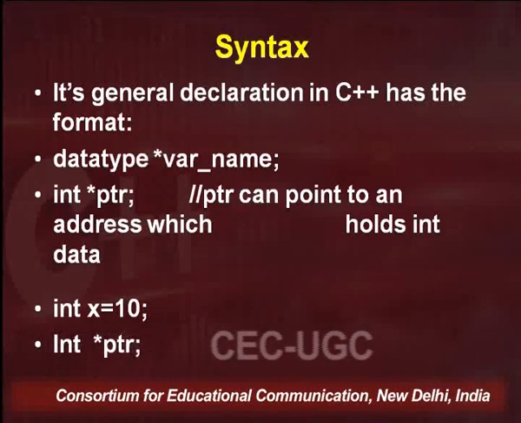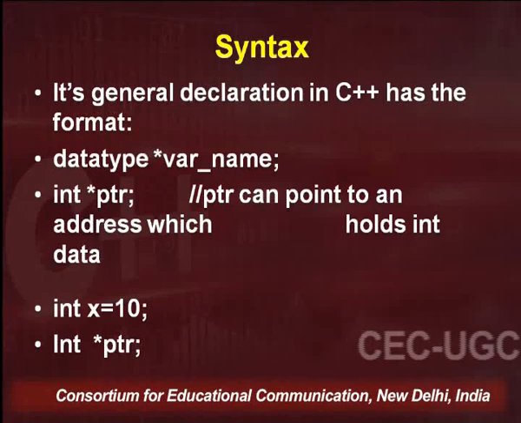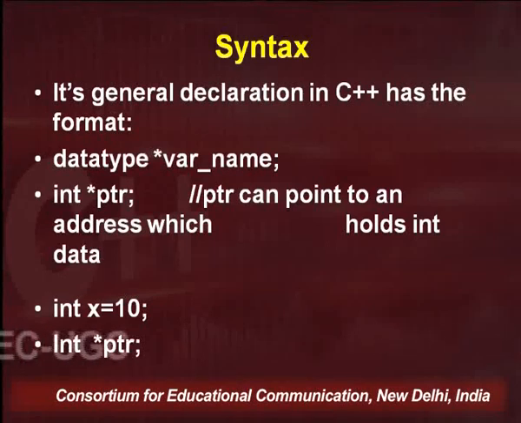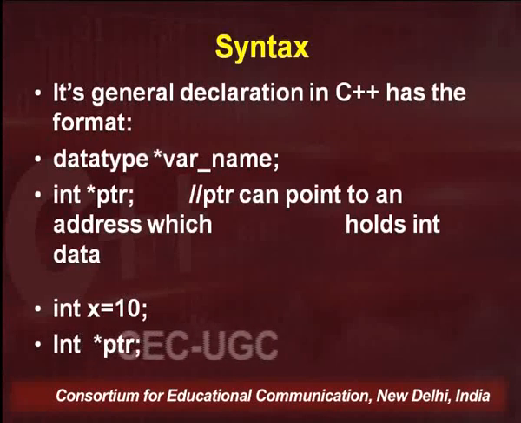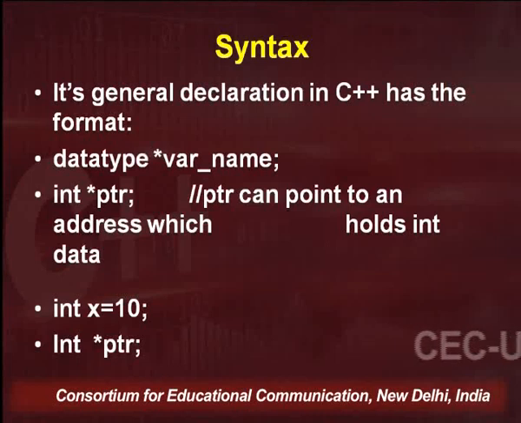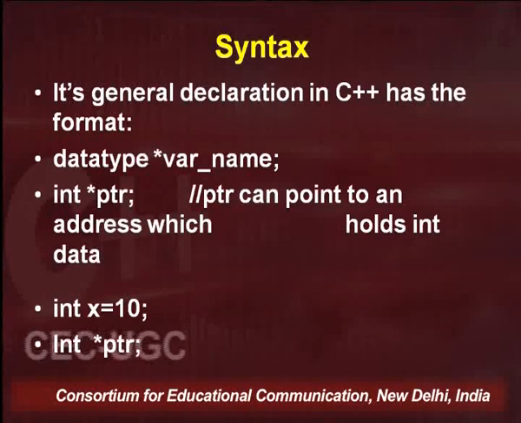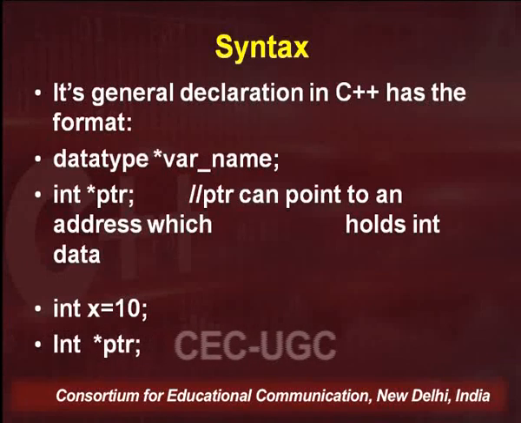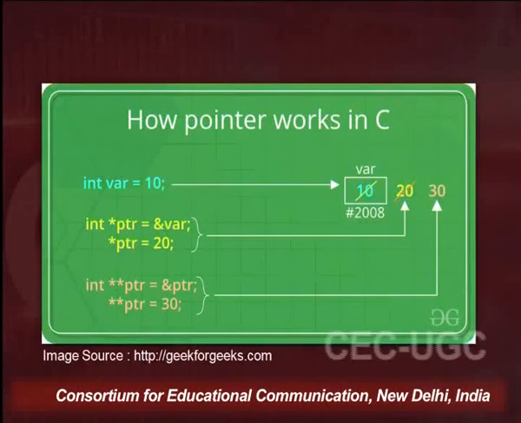To which integer is not decided yet in this part of the program, but finally it is going to point towards an integer variable. Whenever I say it points towards an integer variable, that essentially means it is holding the address of an integer variable. Now, let us try to see how pointers work in C, C++ or any other language.